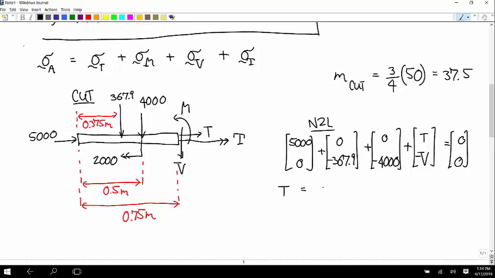So T is negative 5,000, so it's in compression with a force of 5,000. And shear force is negative 4,367.9.